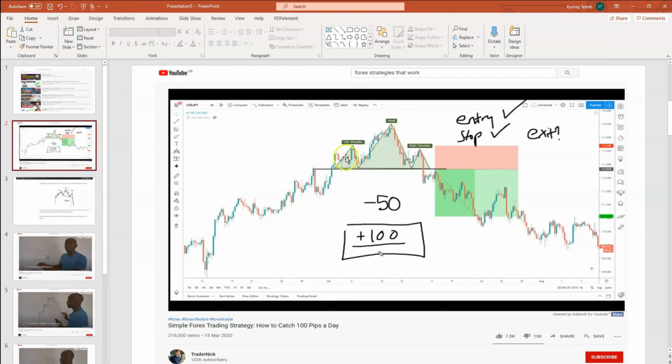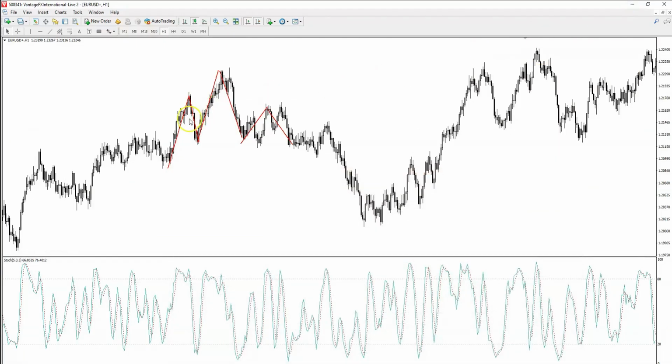We can see the left shoulder, the right shoulder, and the head, and then the market breaks and we take a short trade down. And that's exactly what's happened here on a totally random chart.